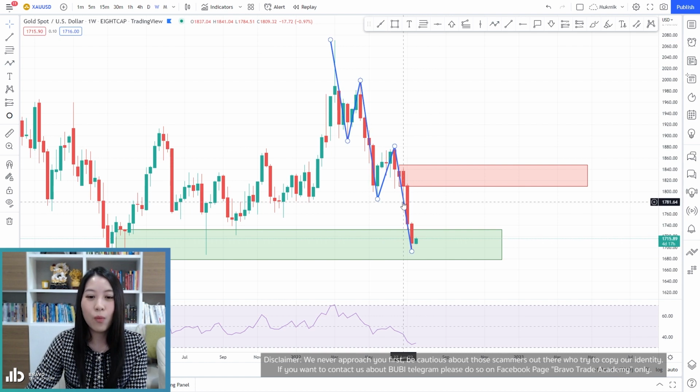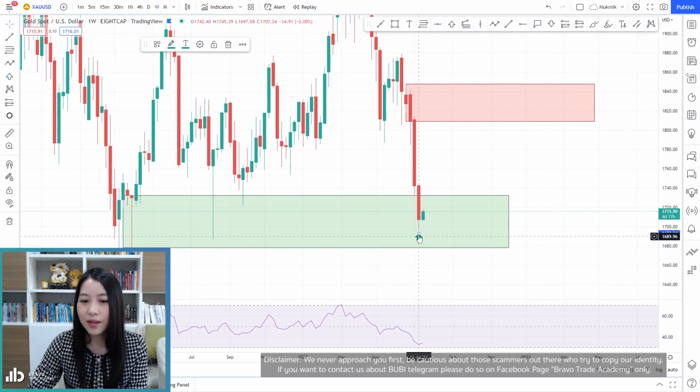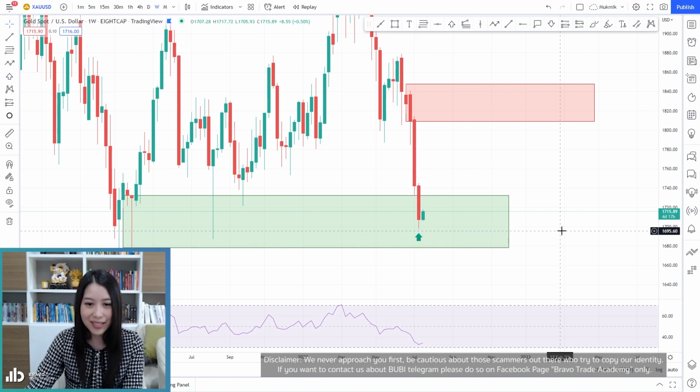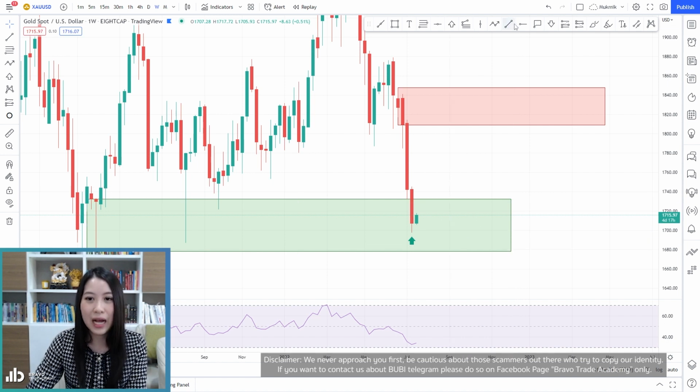One candlestick means 1 week. Last week it closed as a bearish candlestick and it is not a reversal bar. So from my perspective, the price can go a little bit further down to the supports that we were waiting for.